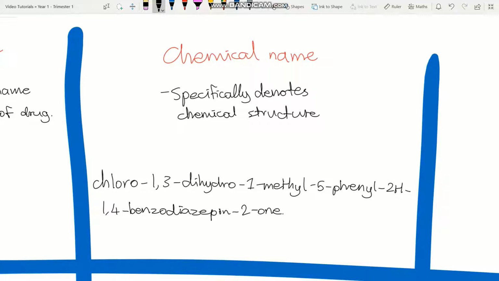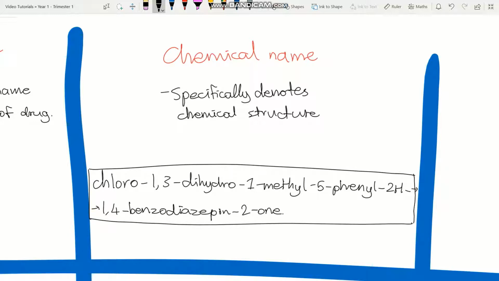So as you can see, this name actually continues across the line and is quite long because it actually shows us the chemical structure according to IUPAC regulations of how this drug would actually look.